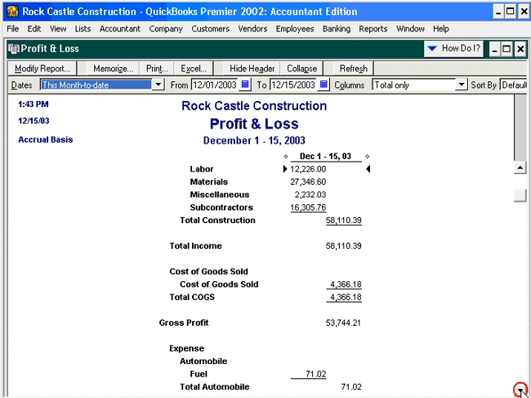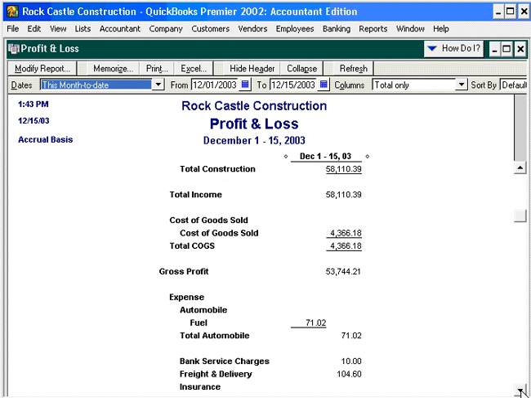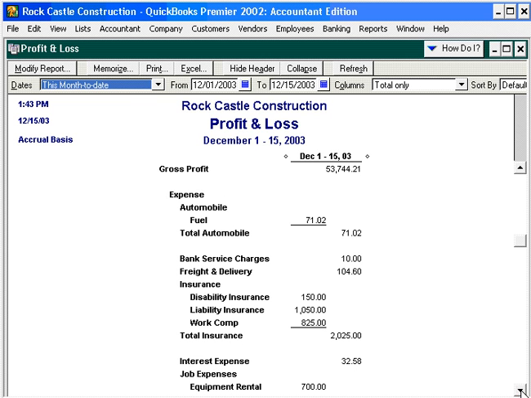Down here is our cost of goods sold section next, and then all of our expenses. Once again, every one of these accounts that has a line on the financial statements comes from the chart of accounts, a line in the chart of accounts.